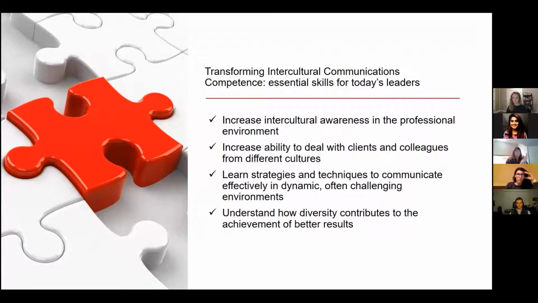So we need to understand the cultural norms of the people that we're working with, right? So in the context in which they work and the people that they work with. So it's essential for leaders today to have the skills to increase their awareness in the professional environment.